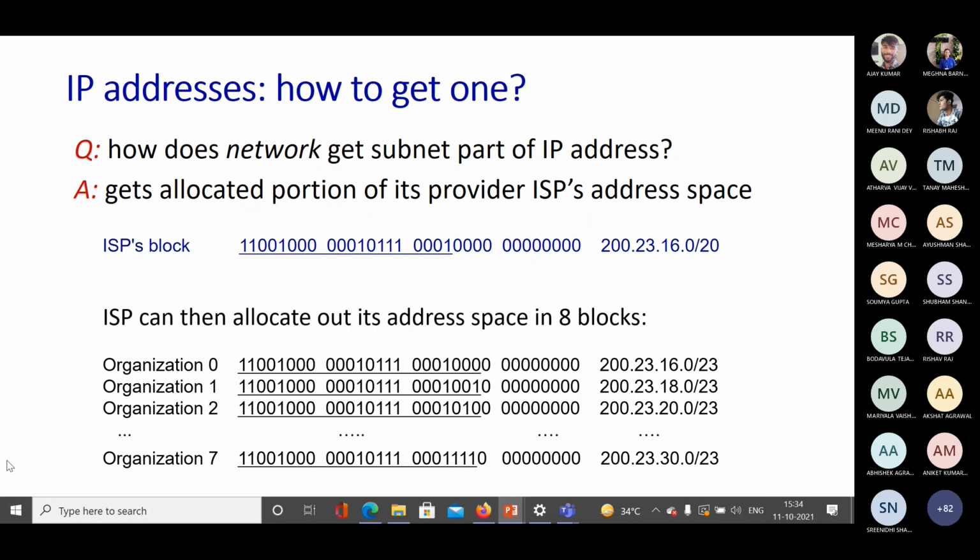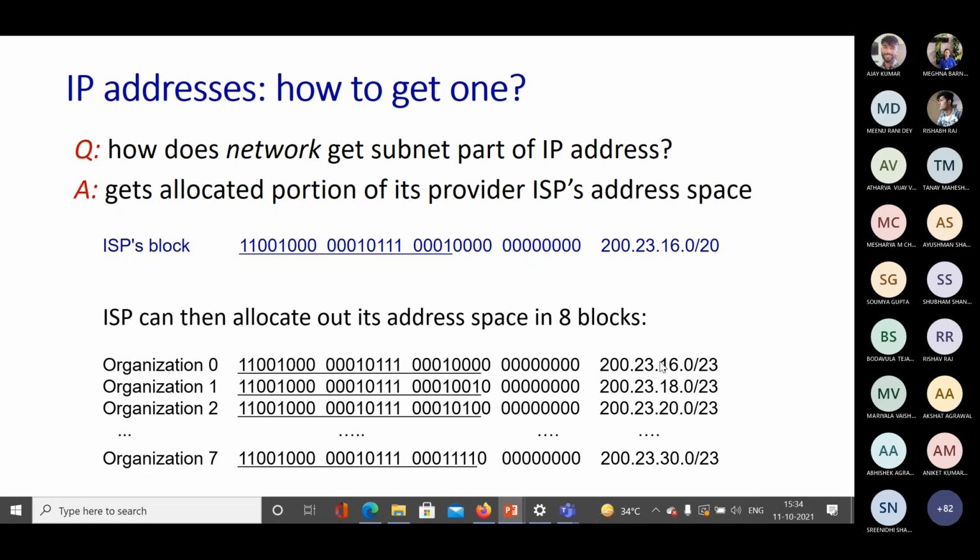Up to 20 is the subnet mask for the ISP. In this example, for organization 0, it gave the subnet mask as 23. Like this, it gave out 8 blocks for 8 organizations. So you can see 200.23.16.0/23. This is for some organization.